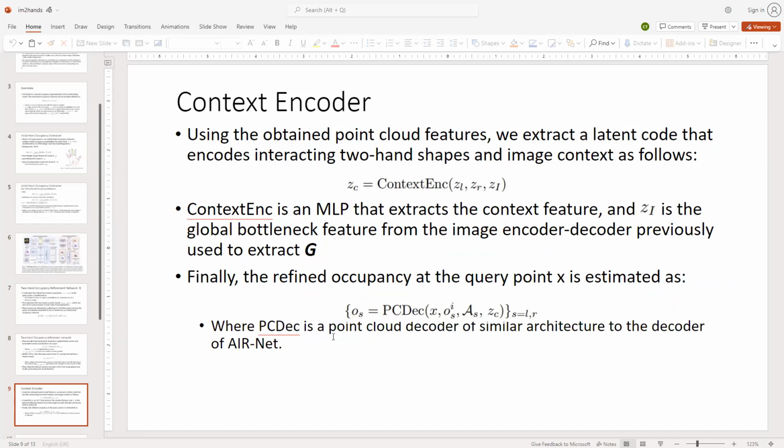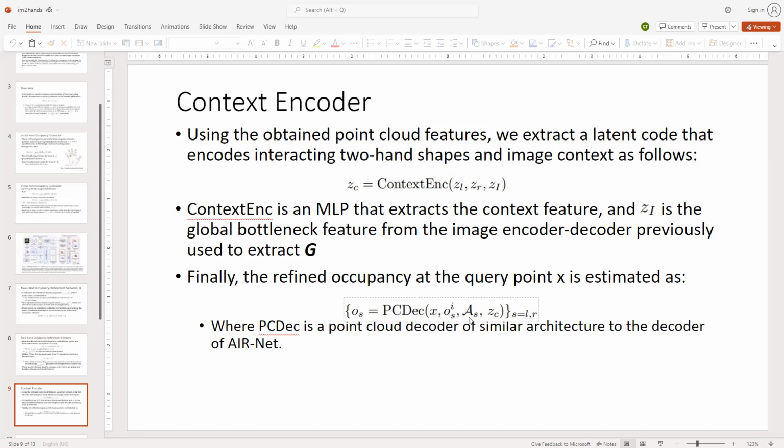So once we have this context encoding, we then move on to the point cloud decoder, which takes as input the query point and this context encoding that we just generated, and this AS from the refinement module, and the initial occupancy output from the Halo-like architecture.